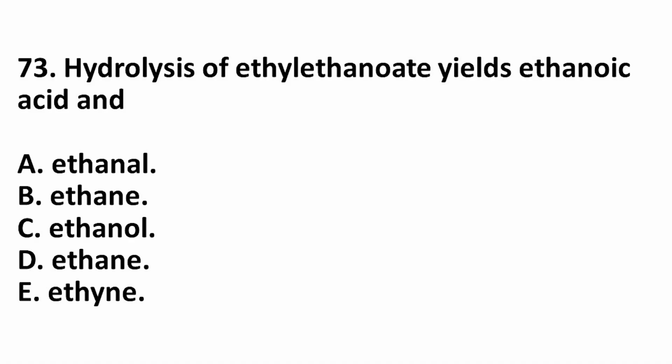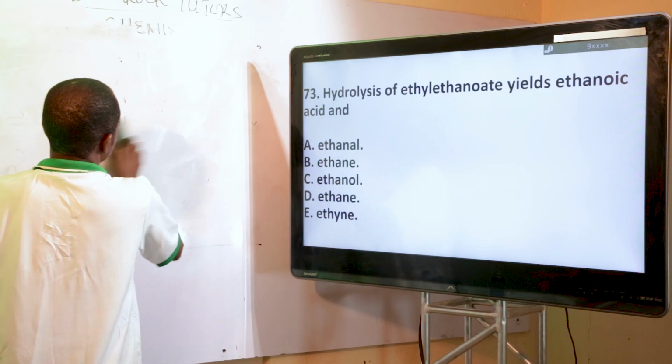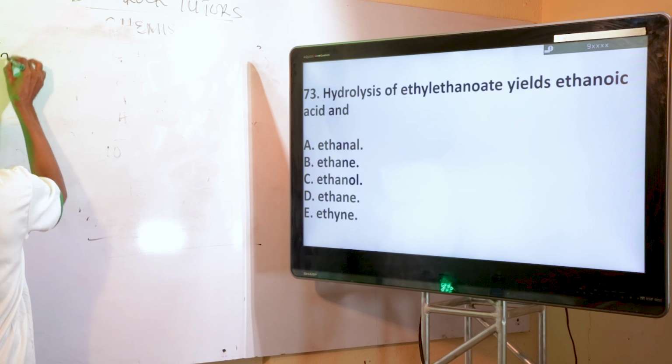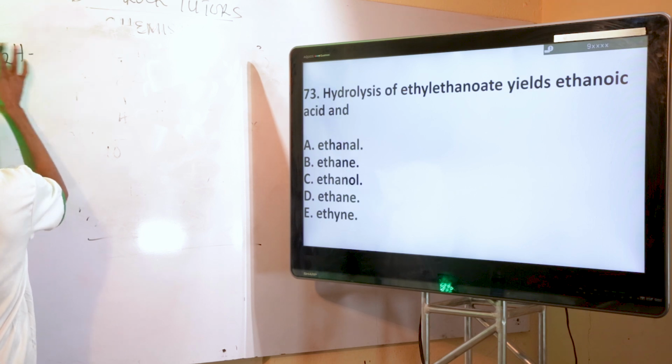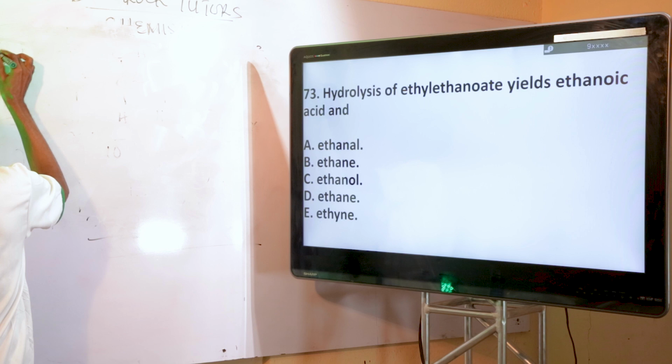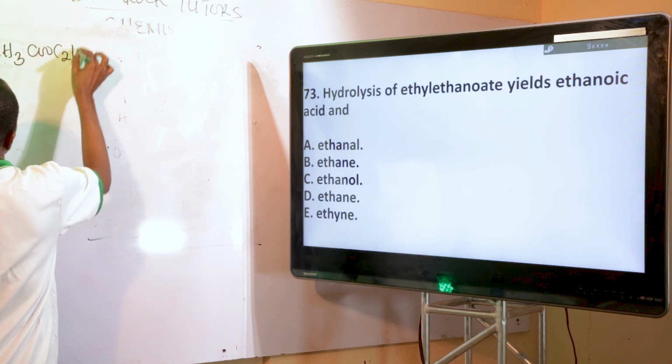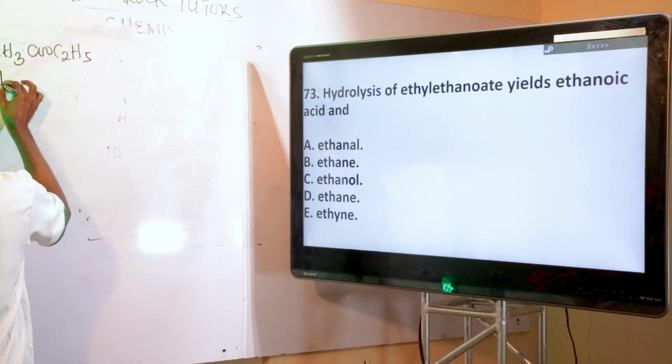Hydrolysis of ethyl ethanoate yields ethanoic acid and dash. The correct answer here will be ethanol. Now, ethyl ethanoate has this formula, CH3COOC2H5. That's ethyl ethanoate.